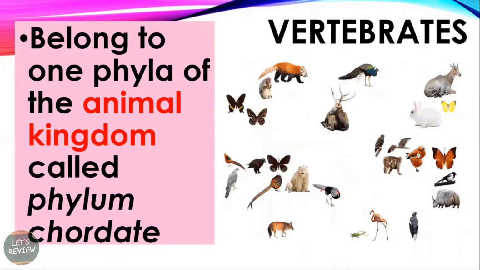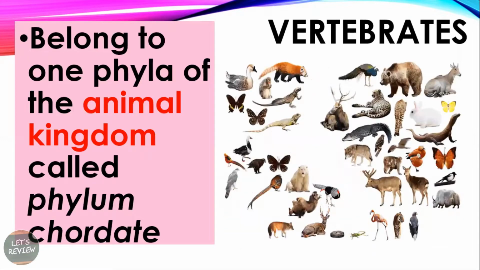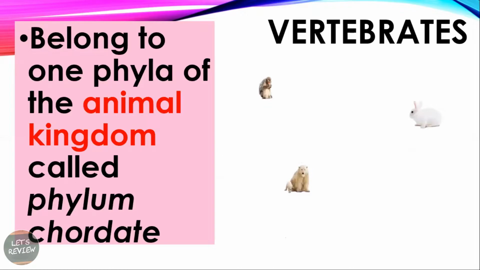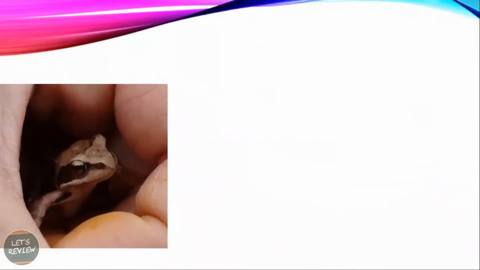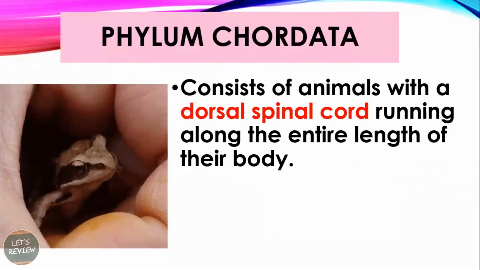Vertebrates belong to one phylum of the animal kingdom, and that phylum is the phylum Chordata. What is this phylum Chordata all about? They consist of animals with a dorsal spinal cord running along the entire length of their body.